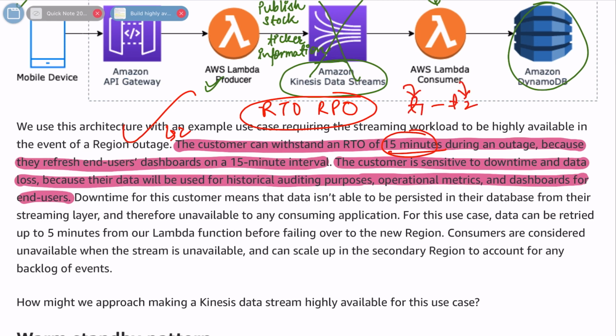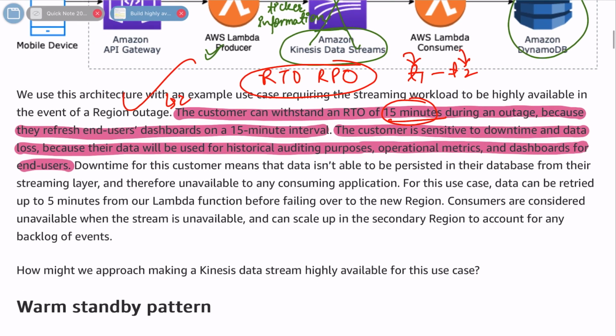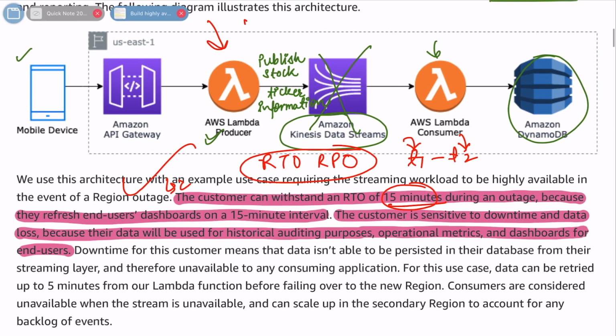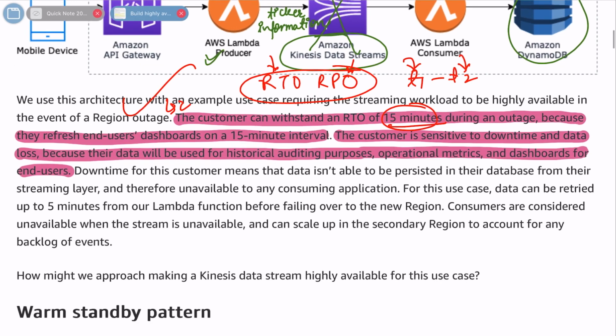And because they refresh end users' dashboards on a 15 minute interval, the customer is sensitive to downtime and data loss, because the data will be used for historical auditing purposes. So ideally your RTO is 15 minutes and your RPO should be as low as possible. So for designing the failover mechanism in this system, we have an RTO of 15 minutes and let's say an RPO within seconds, very low.